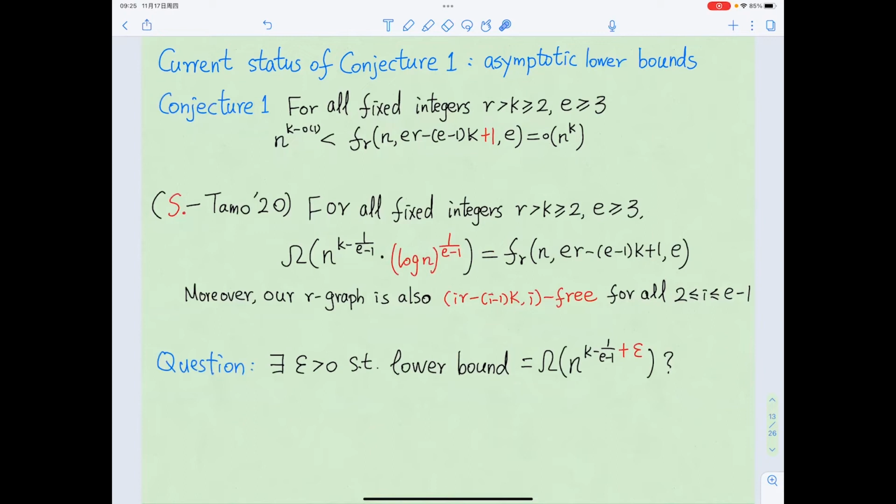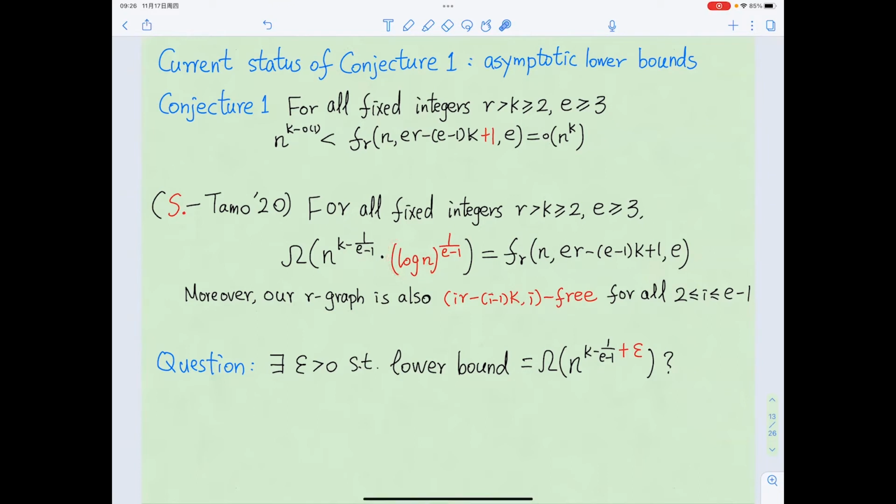So what about the asymptotic lower bounds? The original work of BES proves the lower bound is n to the power of k minus 1 over e minus 1. In a joint paper with Zaki Tamo, we are able to improve the lower bound by a polylogarithmic function of n.